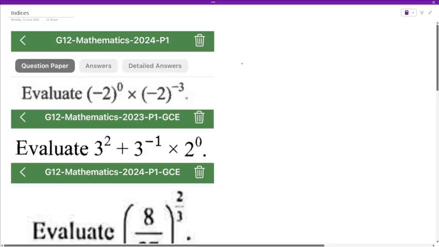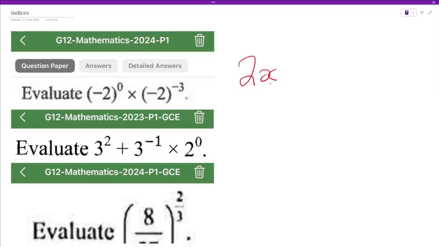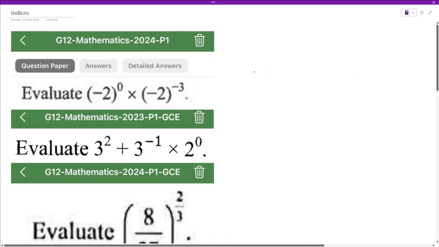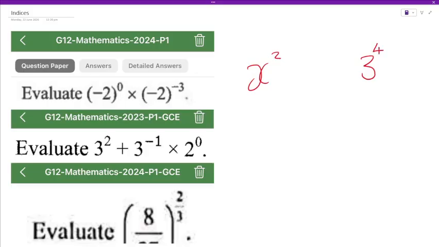Actually, before we get to that, let's look at this. You have 2x, and then let's say you have 5y squared. Not really, I'm still in algebra. You have x to the power of 2, and then let's say you have 3 to the power of 4.